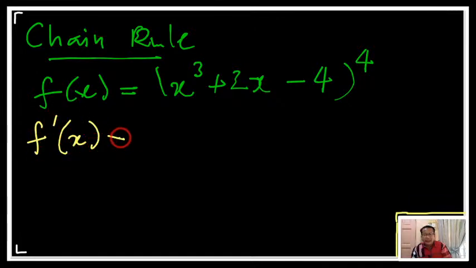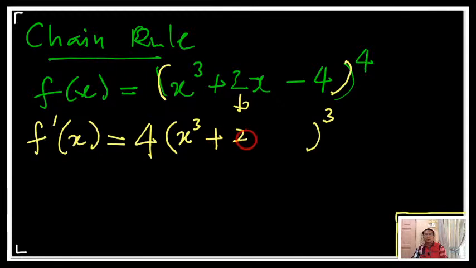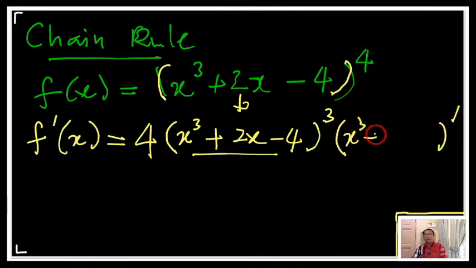Don't worry. So f(x) is equal to... chain rule is very easy. First, you differentiate the bracket. For example, you have x to the power 4, the answer is 4x to the power 3, right? So you copy everything here, Ctrl C, Ctrl V. The next part is to find the derivative of x cubed plus 2x minus 4.